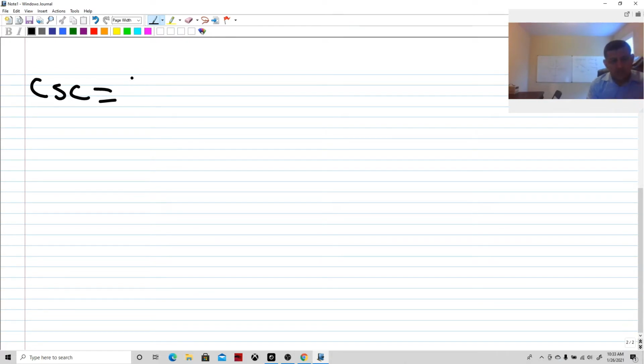It's going to be hypotenuse over opposite. Which function has opposite over the hypotenuse? It's sine, so this belongs to sine.